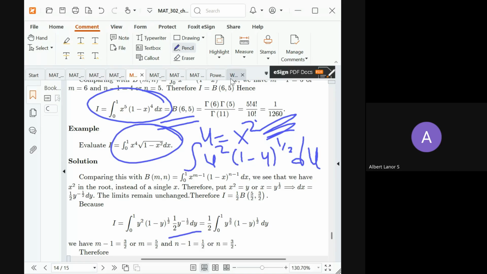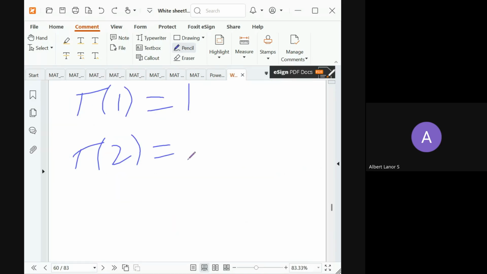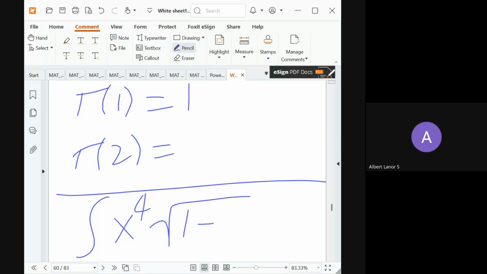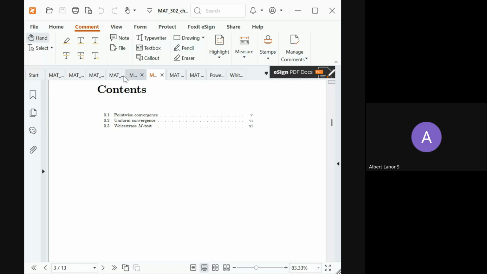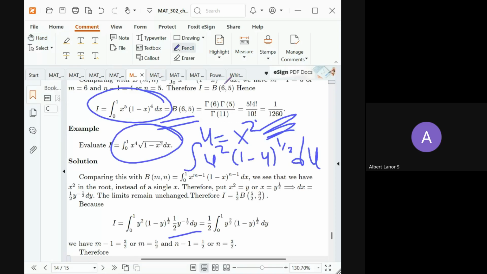So we have the integral of x to the power 4 times the square root of 1 minus x squared dx, from 0 to 1, I presume. It's from 0 to 1.